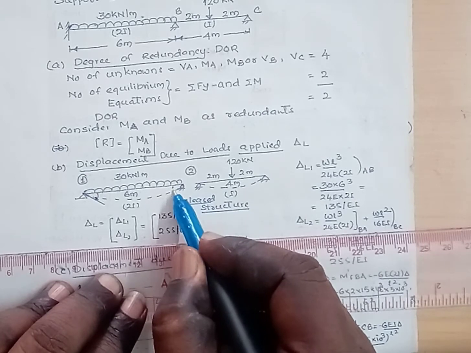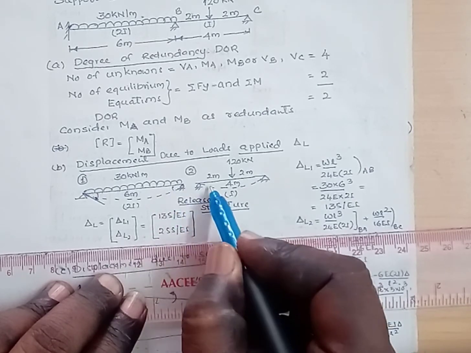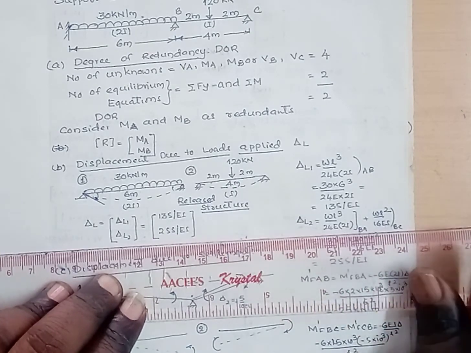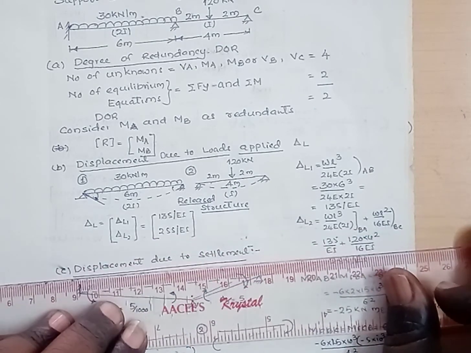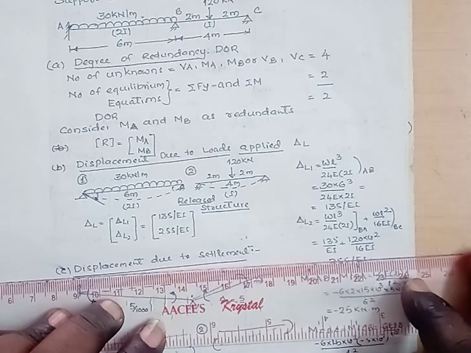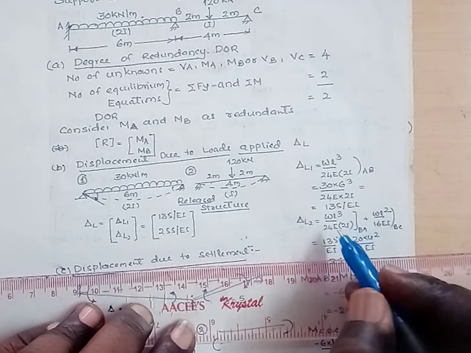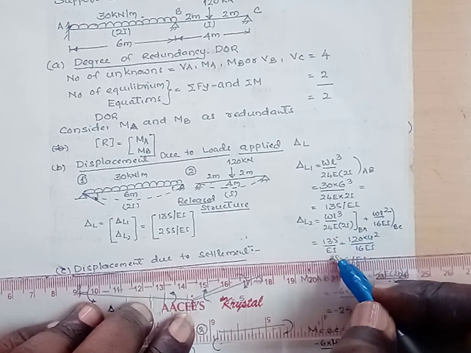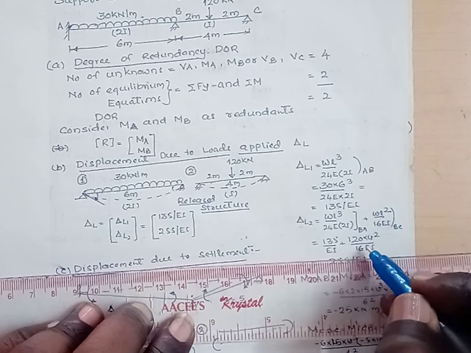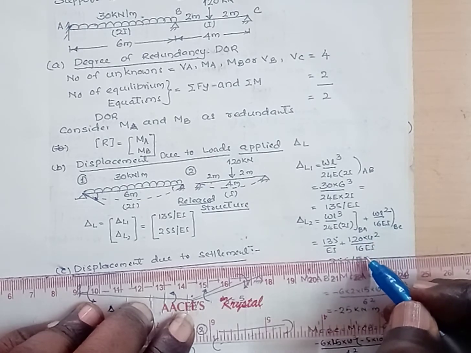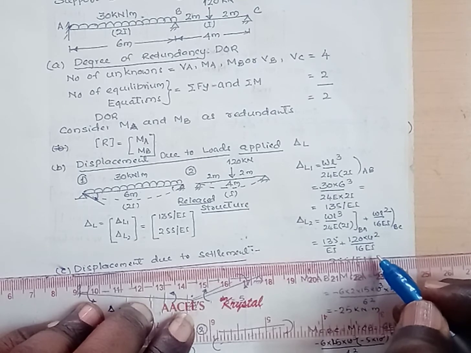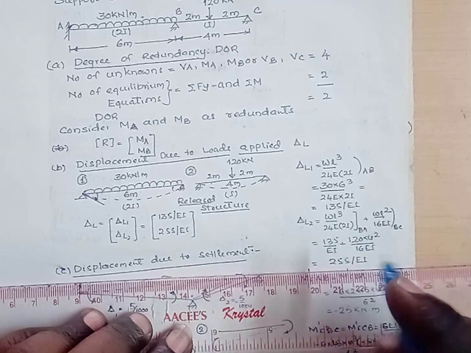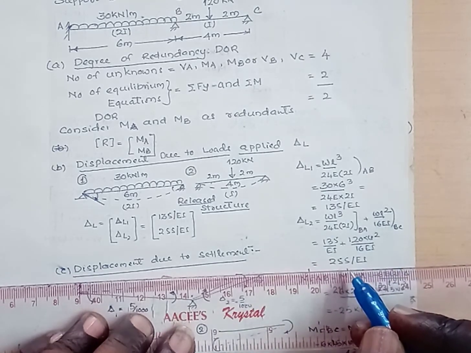Here, this one is the displacement in span AB, this one is the displacement in span BC. Then by substituting the values, you will get delta L2 equals, in span BA, that we have already calculated as 135 by EI, and in span BC, W is 120, L is 4, divided by 16 EI, moment of inertia is I. Then by simplification you will get delta L2 equals 255 by EI.